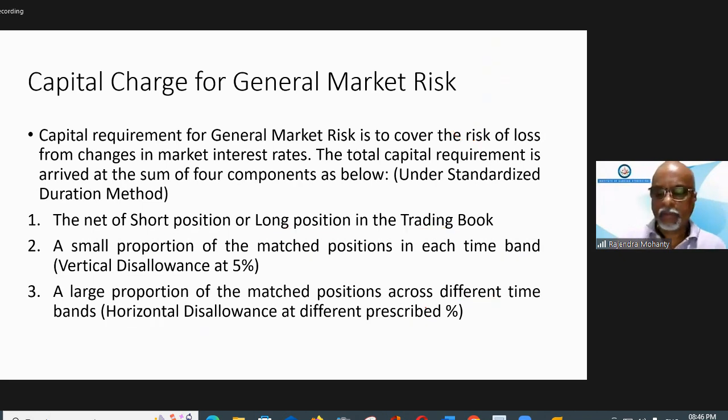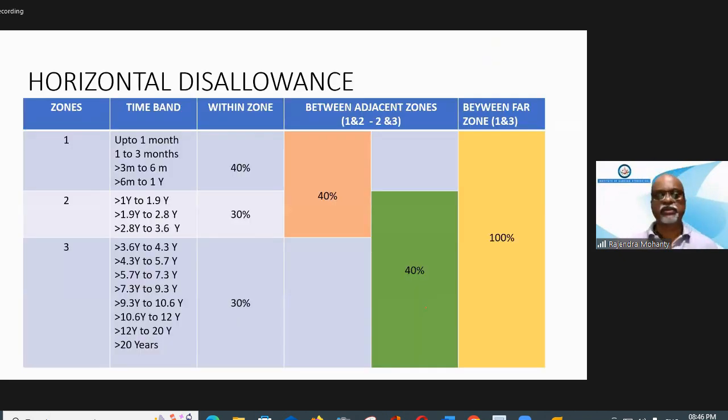As I told you, there are 15 different time bands. The investment which the bank has done will be classified according to the remaining maturity. So basically a time band is nothing but the remaining maturity. Whatever instrument or security you have invested in, you have to fix which time band it belongs to.